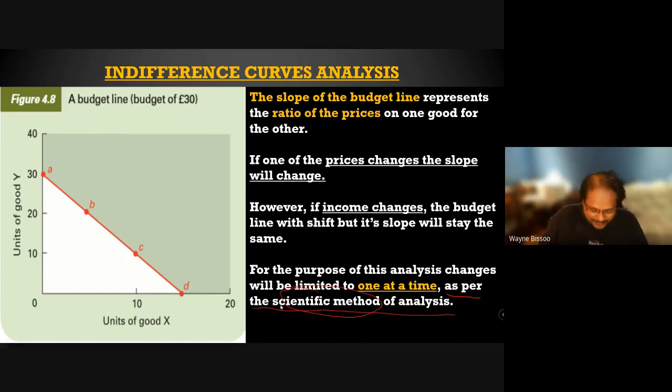No. Scientific methodology requires that we control our changes so that we can monitor what happens when we control one variable. That's the scientific way of doing things, changing things one at a time and seeing what happens. That's the kind of diagnostic scientific testing methodology that we utilize in economics that mirrors the scientific approach that's utilized in hard sciences. Making sense? That's why we're only going to be changing one thing at a time, not two things simultaneously.